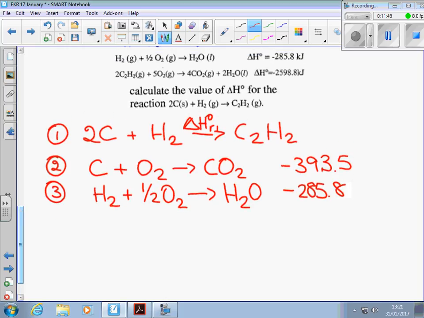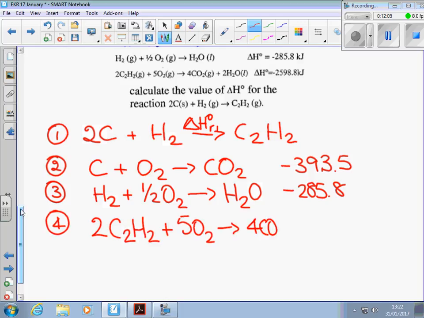And then we have another one in this example where we've got 2 C2H2s. They're on the wrong side for what we want. Plus 5 O2. So this one's going to definitely be a little trickier, isn't it? Gives us 4 carbon dioxide. Okay, that's a combustion. In fact, C2H2, it's got 2 carbons.